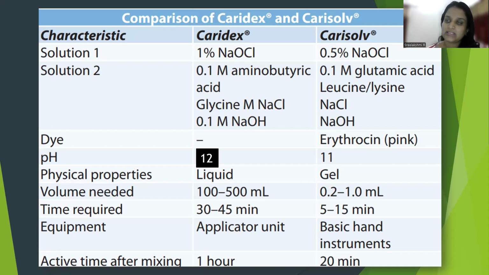Kdisol has a jelly-like consistency because of carboxymethyl cellulose, and Kdx is liquid. The volume needed is much lesser in the case of Kdisol, 0.2 to 1 ml, and in the case of Kdx it is 100 to 500 ml. Time required is also minimized because of the higher viscosity of Kdisol, that is 5 to 15 minutes, and Kdx is 30 to 45 minutes.